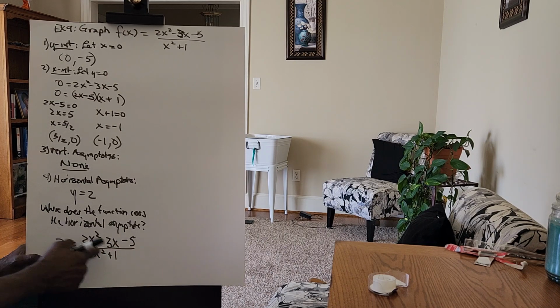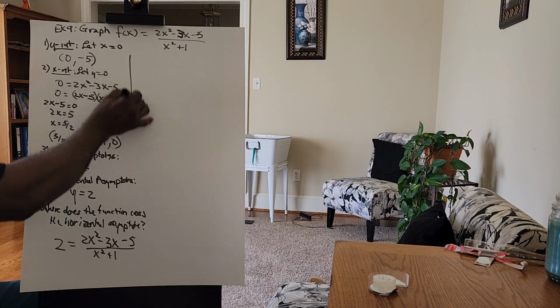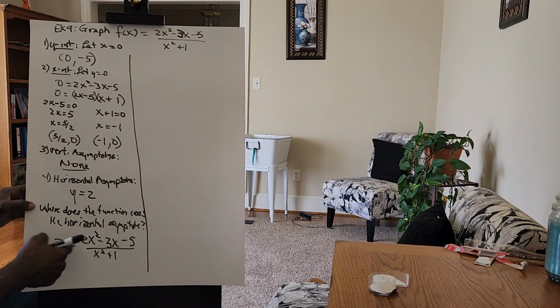Solve this equation, and then I'll have the x values that show me where the function crosses the horizontal asymptote y equals 2. Now again, all functions don't cross horizontal asymptotes. But if it does, then I'll be able to find these x's that satisfy that. If I can't find x's that satisfy this, that means that my function does not cross my horizontal asymptote. So I want to solve this thing.